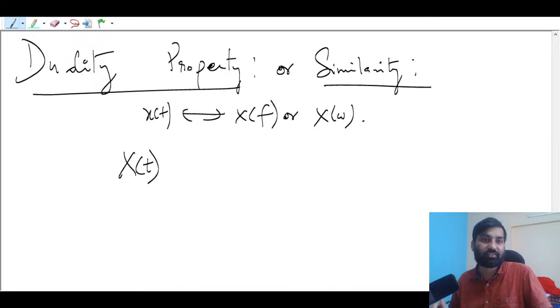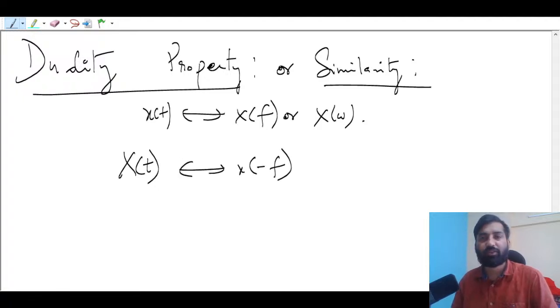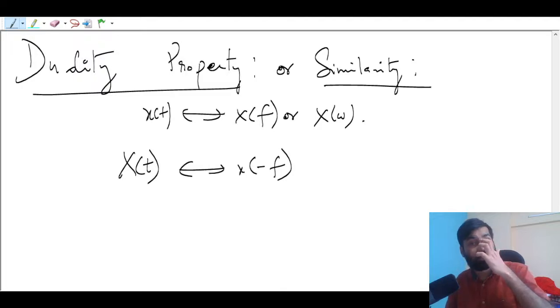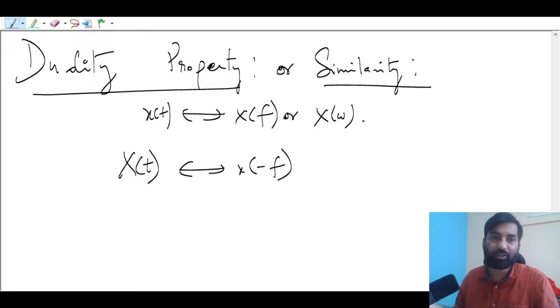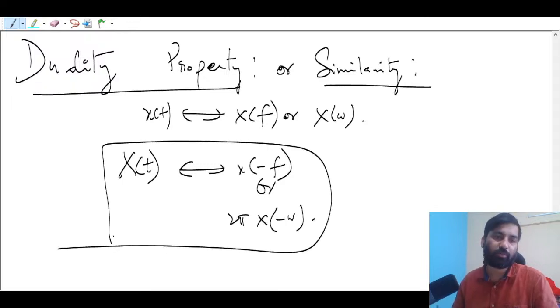Then its Fourier transform is going to be small x of minus f, simply replacing the time variable by minus f, or 2 pi x of minus omega. This is the duality property. It is a very simple situation that we can remember. Very easy.